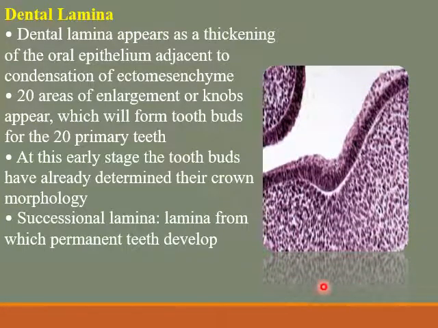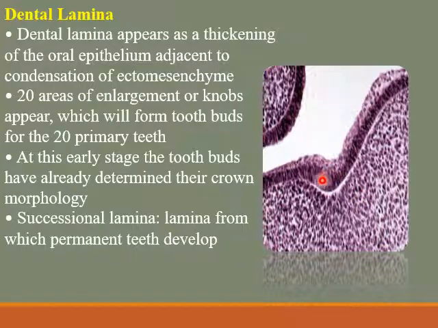Dental lamina. The dental lamina appears as a thickening of the oral epithelium adjacent to the condensation of the ectomesenchyme. This is the oral epithelium, which lines all the oral cavity. This is the tongue, also lined by oral epithelium, and this is the mesoderm. And this is the oral epithelium, and this is the mesoderm.